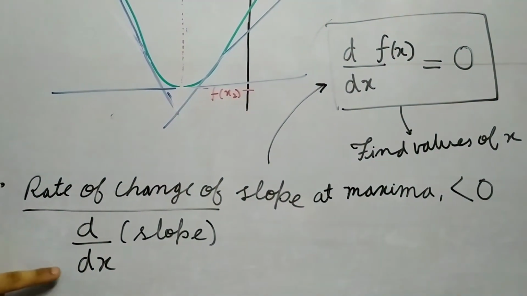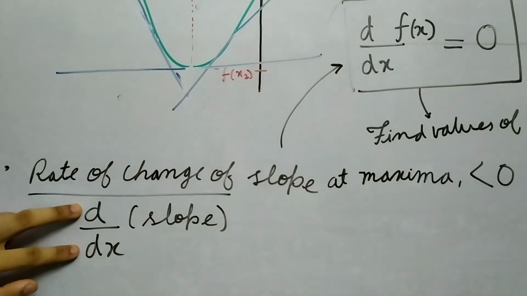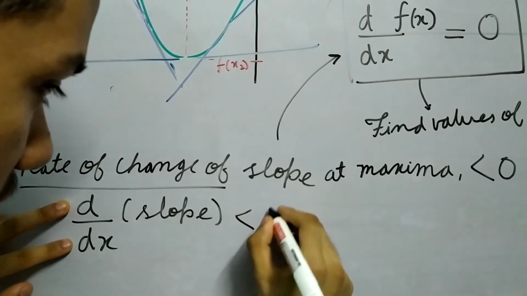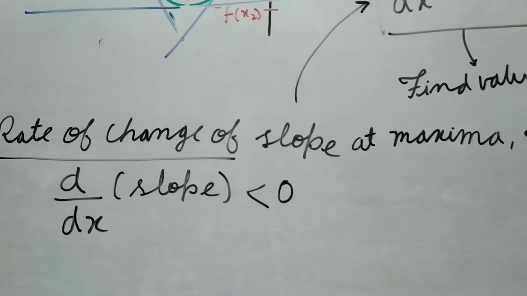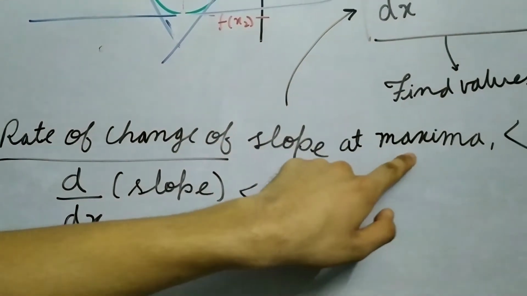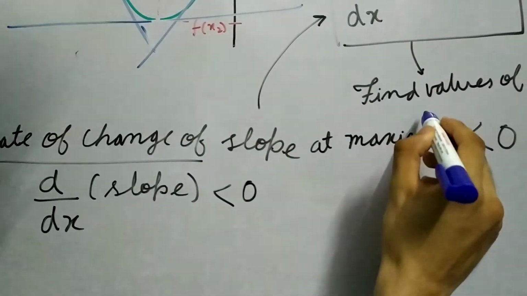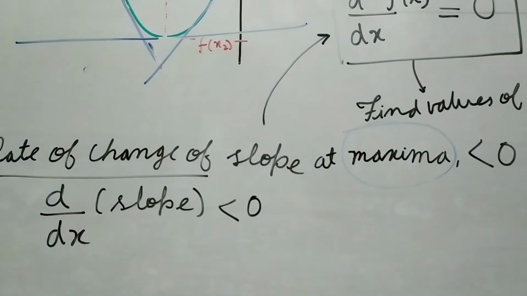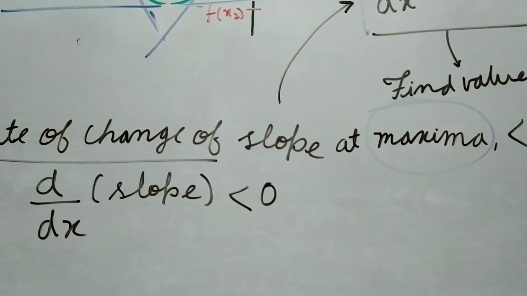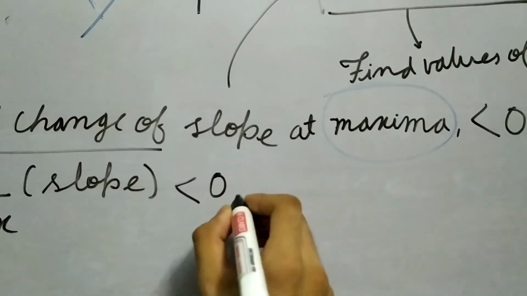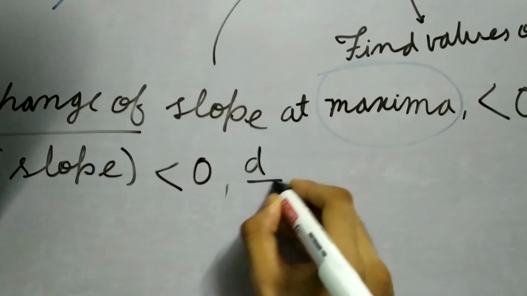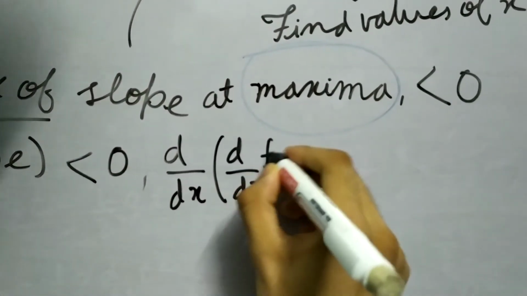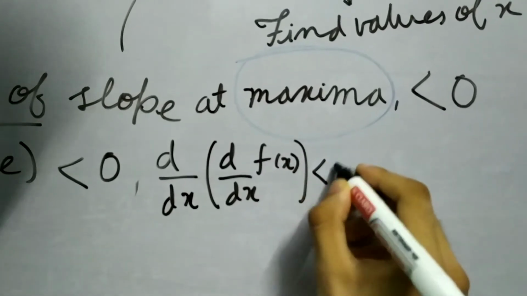Now this quantity, how your slope changes with respect to x, is lesser than 0 at your maxima. Very important, crucial. So d by dx of your slope is lesser than 0 at maxima. Now this means d by dx of d by dx f of x is lesser than 0.